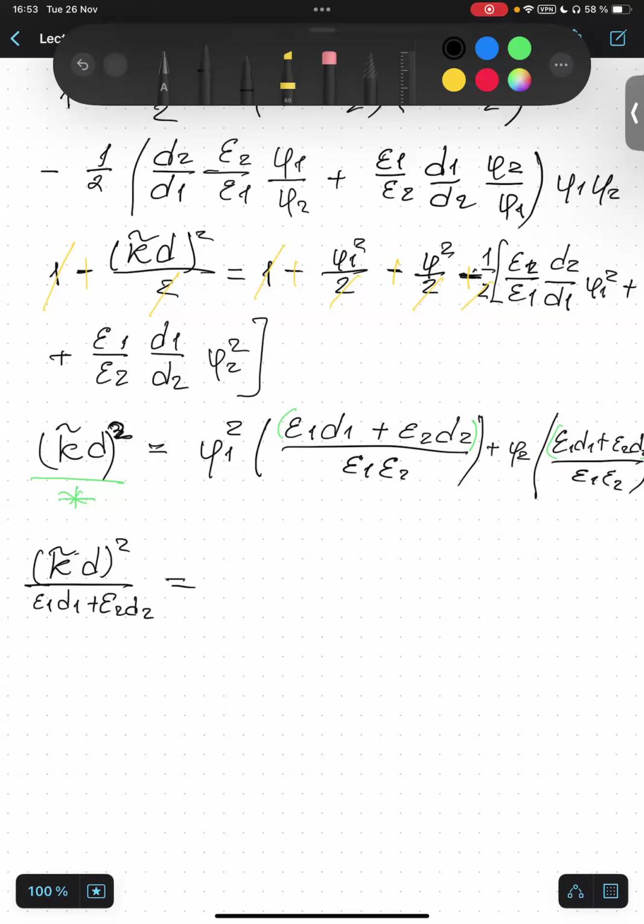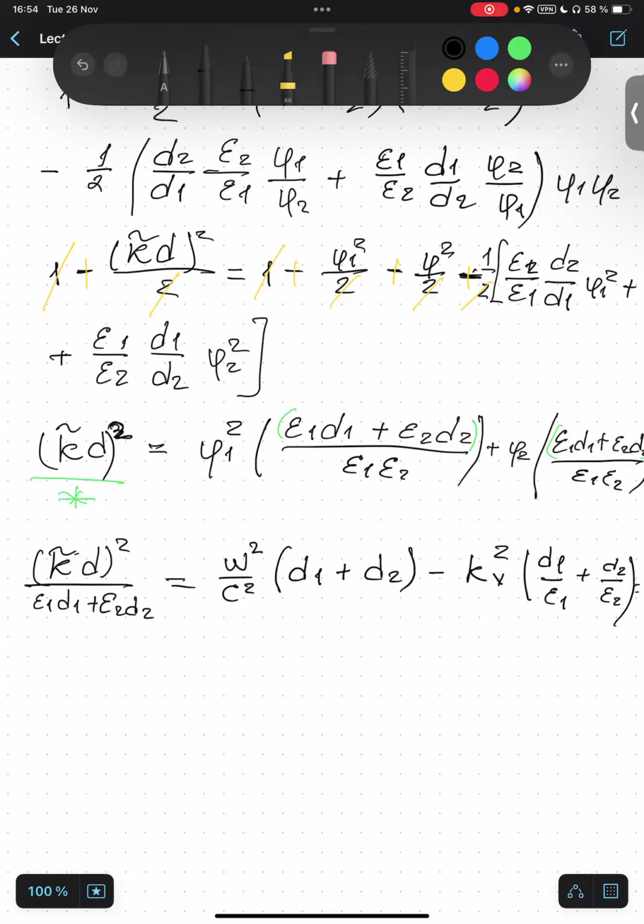Now let's expand the phi functions. So it's omega squared over c squared times (d1 plus d2) minus kx squared times (d1 over epsilon 1 plus d2 over epsilon 2).